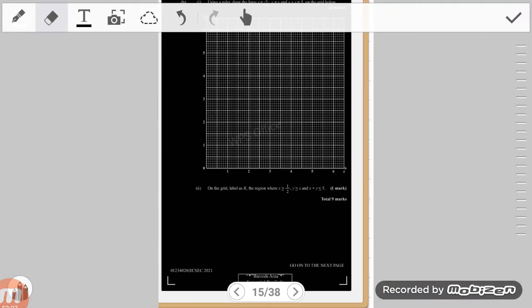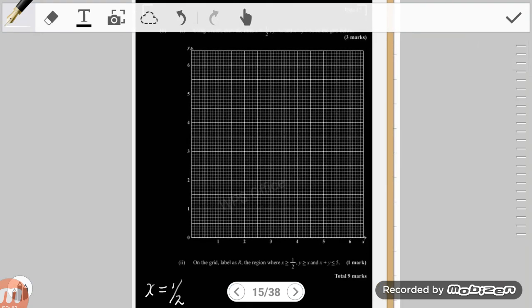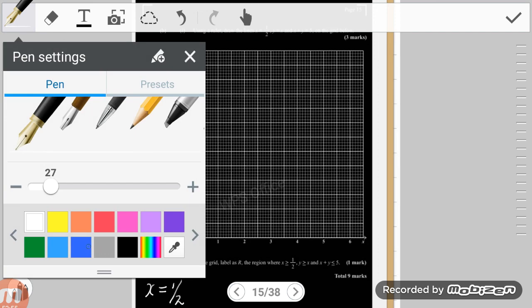Now the line x equal a half is just the line that is going through a half on the x-axis, and that's going to be a vertical line. So since this is 1 right here and this is 0, then half must be directly in between. Alright, so we're drawing a line looking like this. Let's use a different color ink here, guys, so we can see clearly the difference.